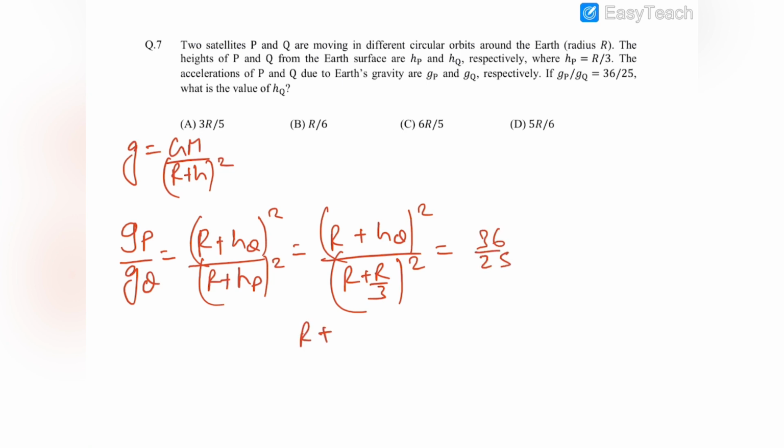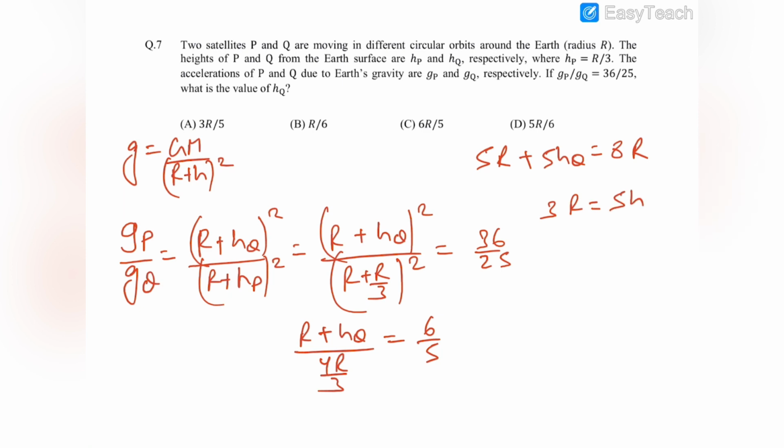So r plus hq upon 4r by 3 is equal to 6/5, and you can see that this is 5r plus 5hq will be equal to 8r. So 3r will be equal to 5hq, so hq will be 3r by 5. So the correct answer is A. Now we move on to the next question.